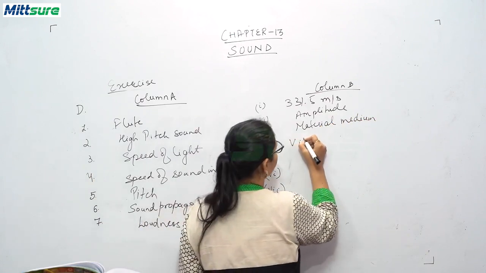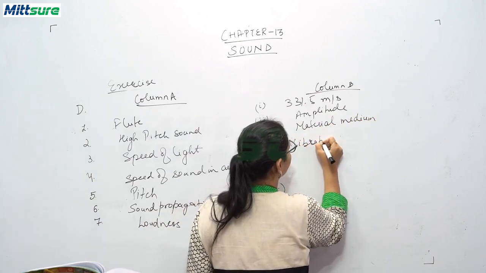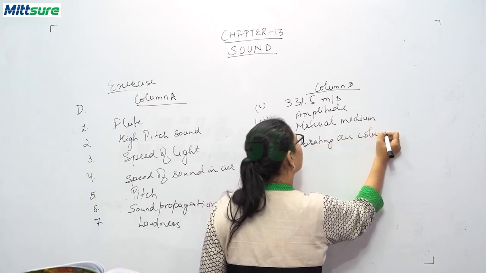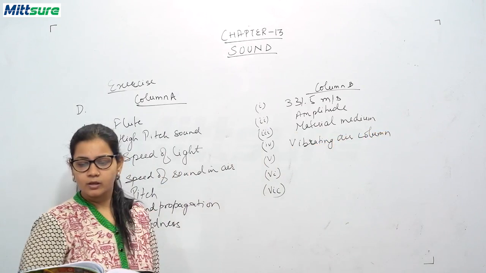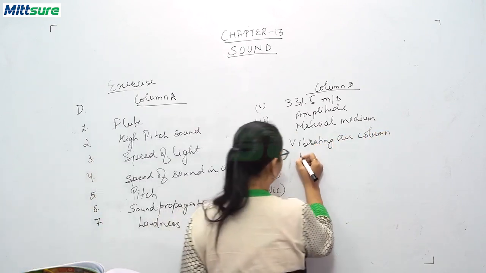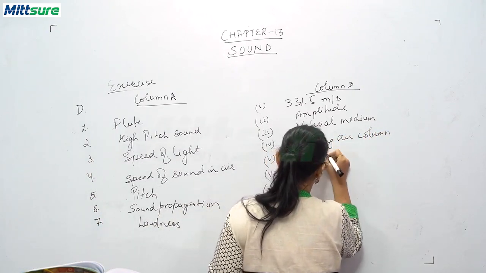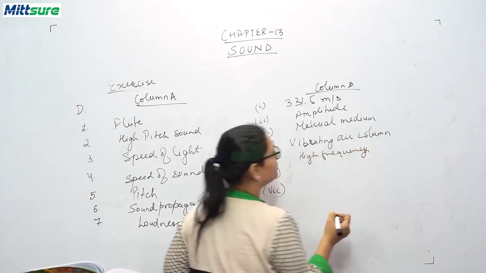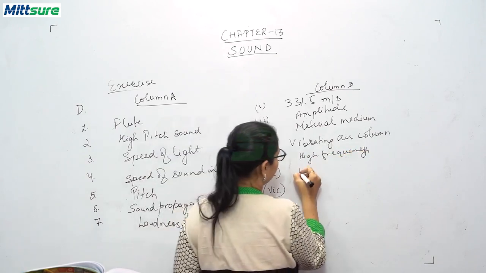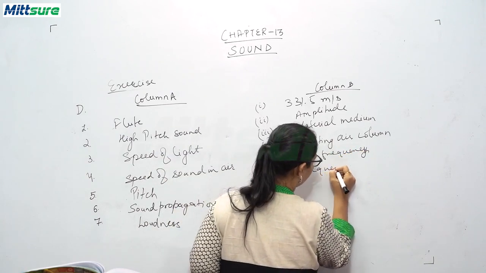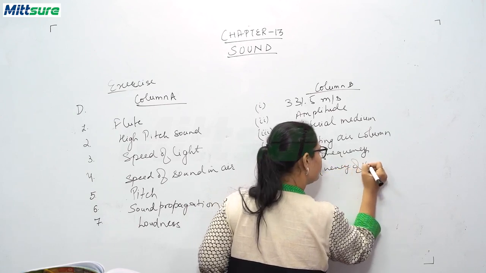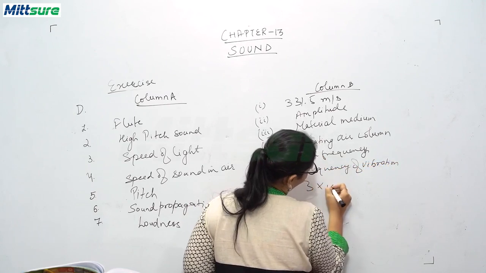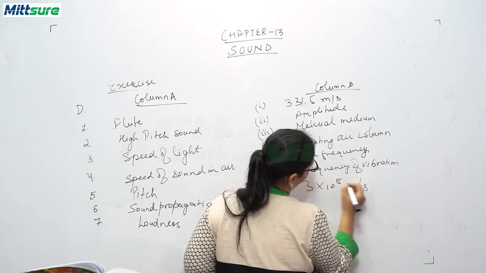Vibrating air column. High frequency. Frequency of vibration. And last is 3 into 10 raised to power 8 meter per second.